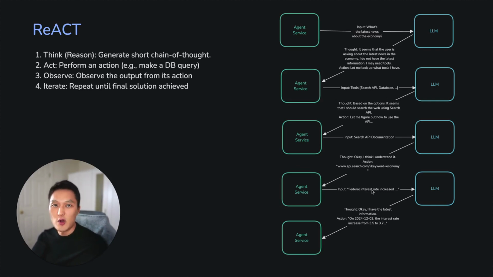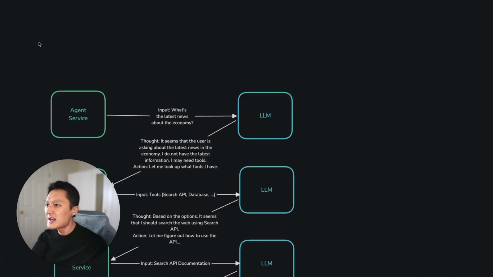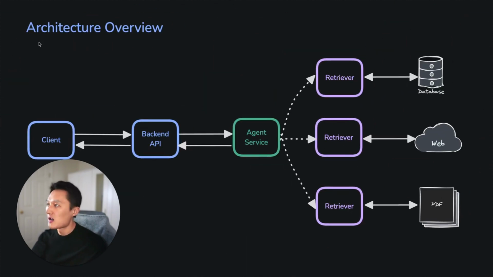There's constant variability happening with that, and so it gets the latest information about that. So the LLM will now use this information to provide a final response. So it goes through this series of iteration in order to get to the final solution. And this is what we mean by the ReAct framework. And that's one of the core mechanics in order to build a ChatGPT-like service. So with that established, let's go back to the architecture overview.